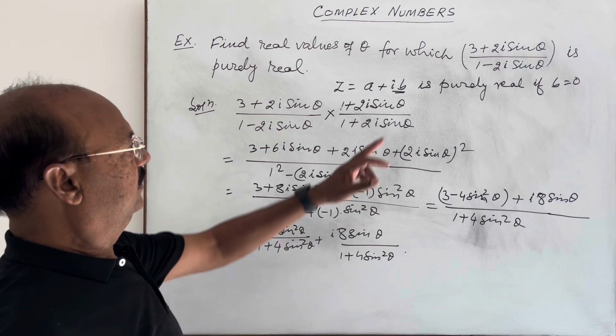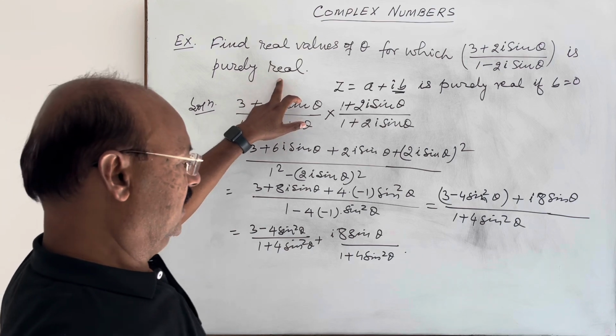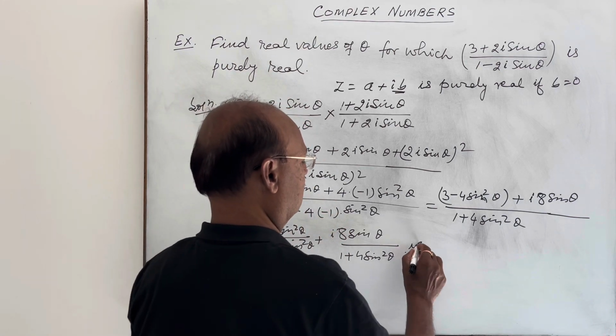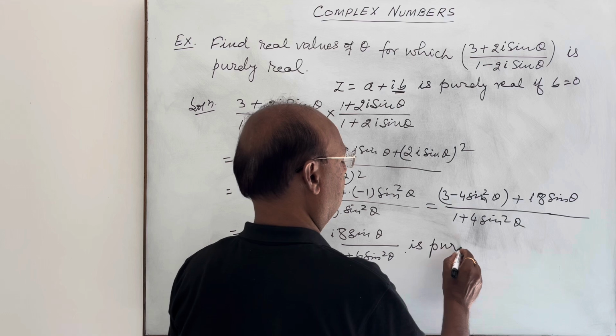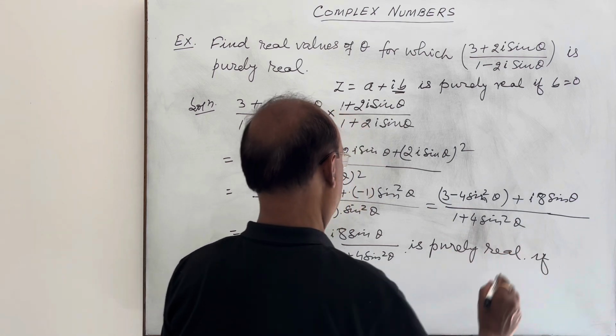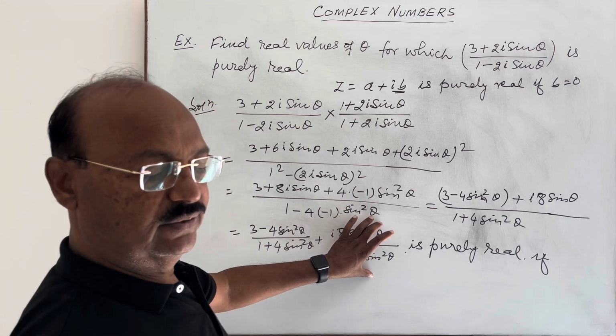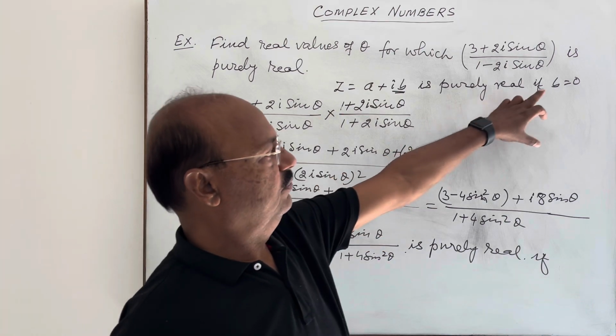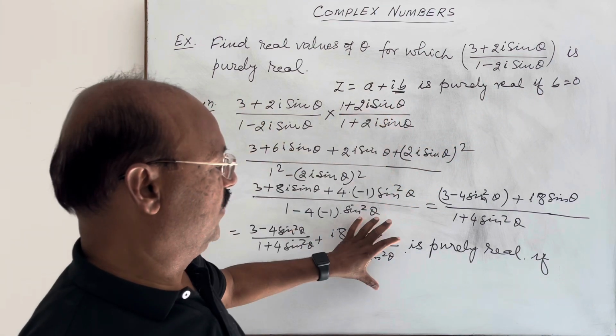Here it is given that the expression is purely real. So this is purely real if the imaginary part is 0. We know that if b is 0, it means the imaginary part is 0.